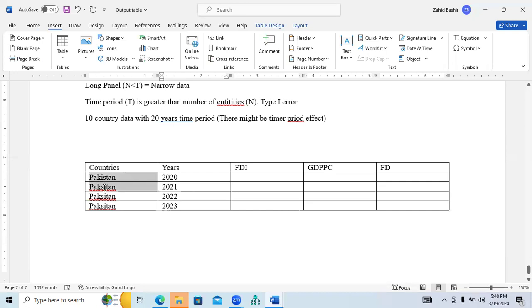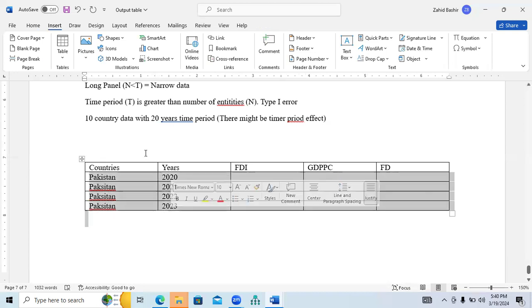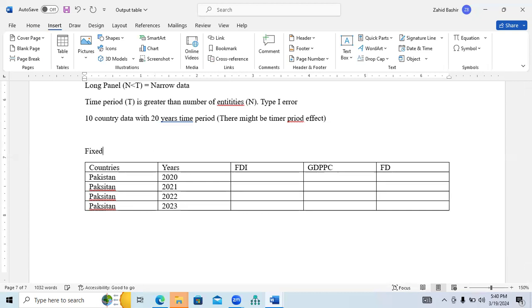Now, the same country is repeating in each year. This is called fixed and balance panel data because the data is provided in each year for the same country.